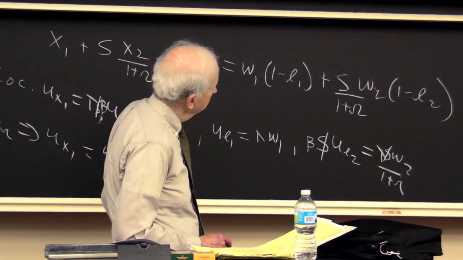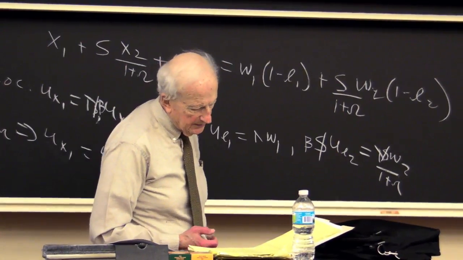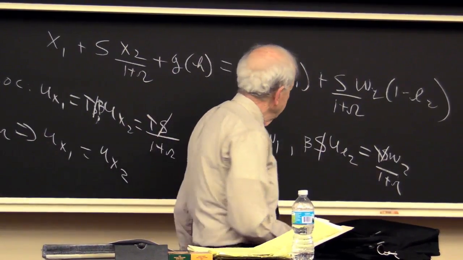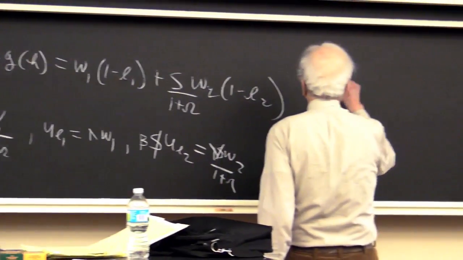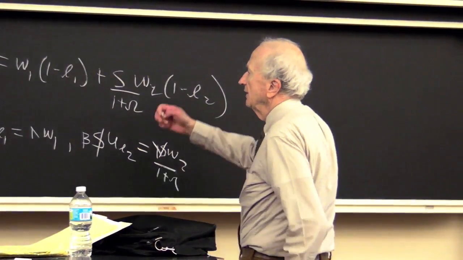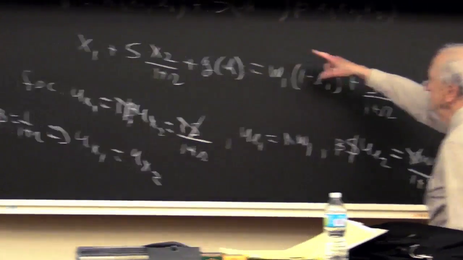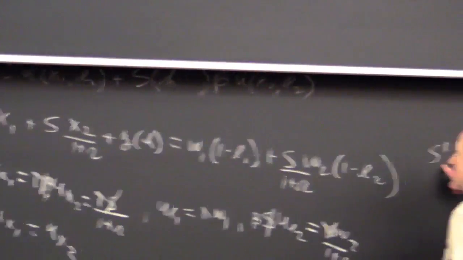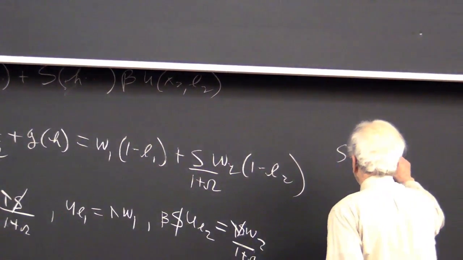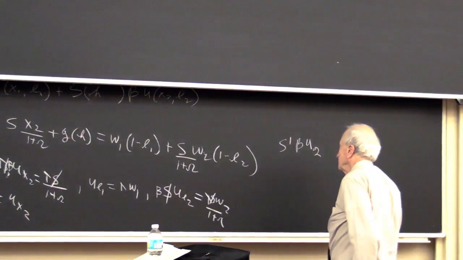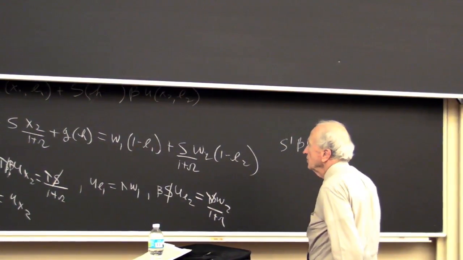Now, if we differentiate with respect to H, what do we get? We get S prime, the derivative with respect to H, times beta U2, and I'm just going to say U2 now, to designate that it's in the second period, is going to be equal to what?